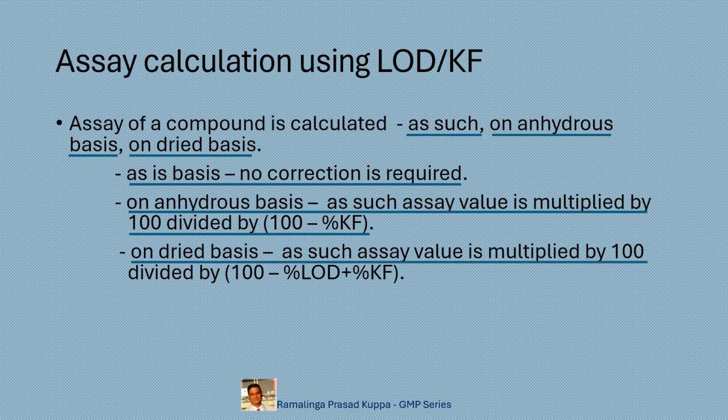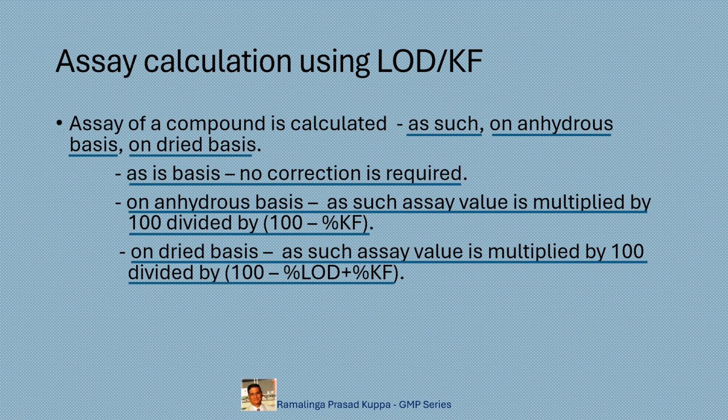On dried basis means the as-is assay value is multiplied by 100 divided by 100 minus the total of percent LOD and Karl Fischer. On dried basis means it includes any possible solvents and water also, if present. Correction for water may also be made in such cases from LOD values.